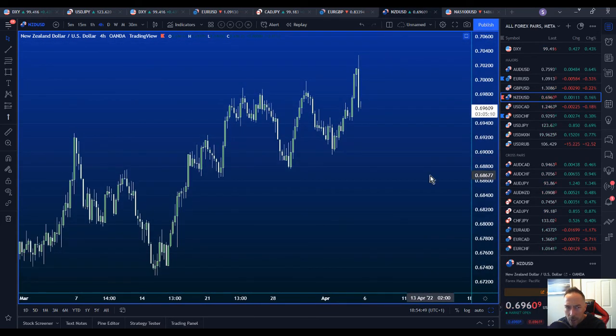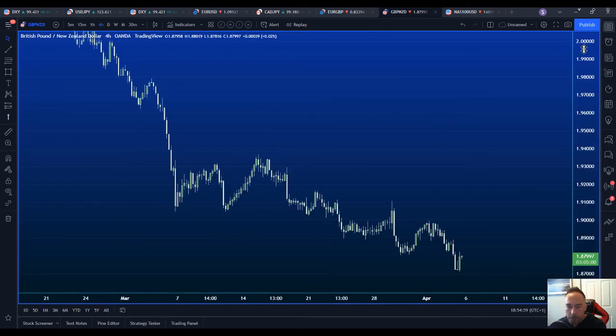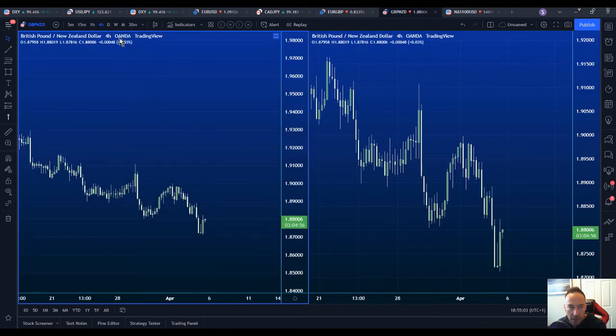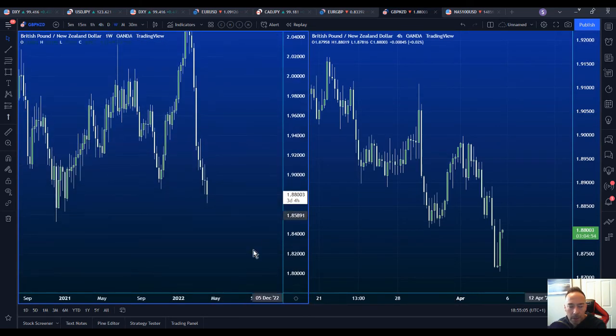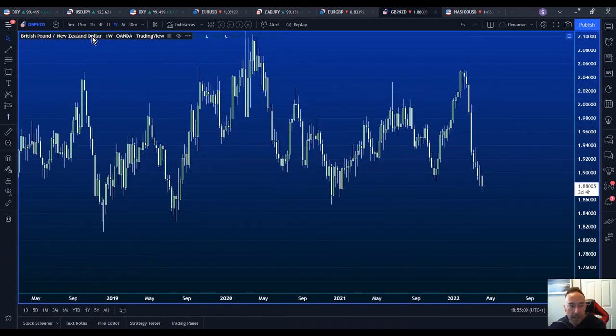Yeah, bearish engulfing candle there on the previous 4-hour candle, and that's led to a little bit of upside on pound Kiwi, which is a bearish market, but as with a lot of the pound pairs, we are looking for that seasonal pound strength to come in.